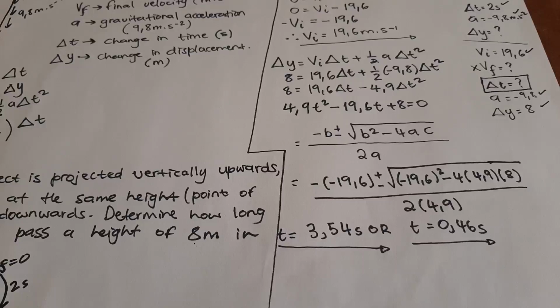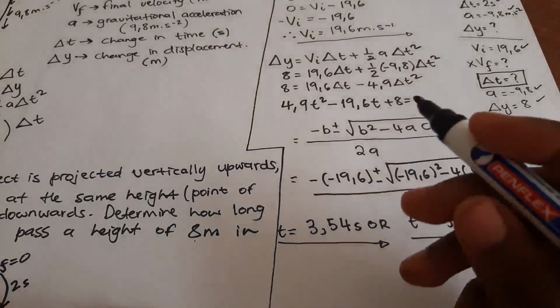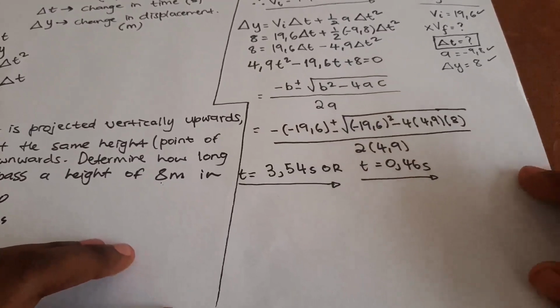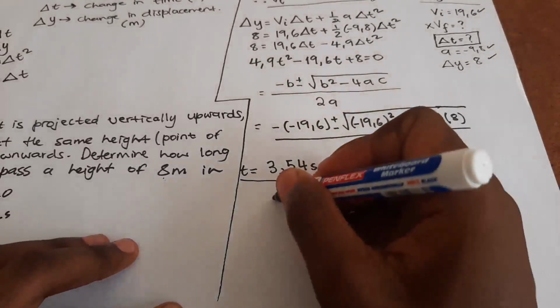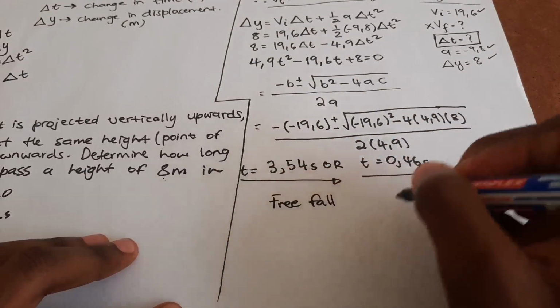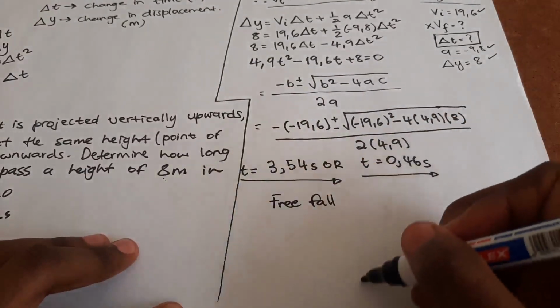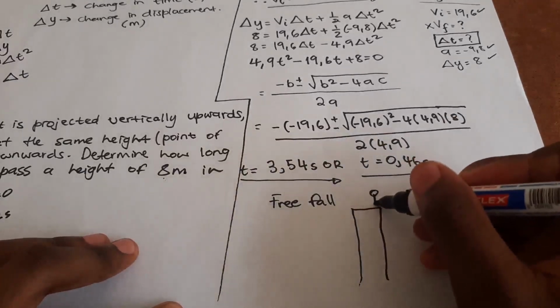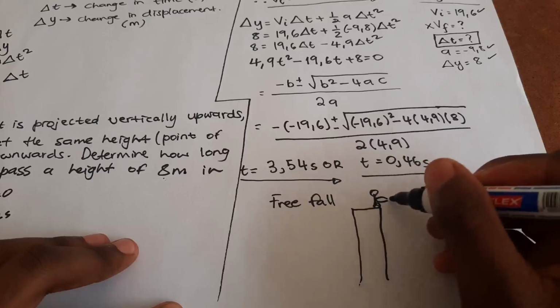I didn't tell you about free fall, but I just mentioned some of the aspects. Let me move this a bit. When you speak about free fall, for example, let's say this is the building and I am standing there with the ball.